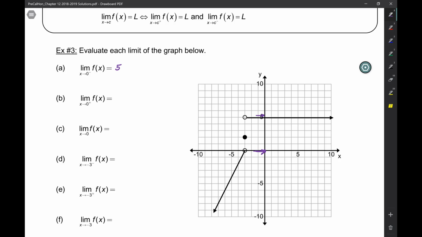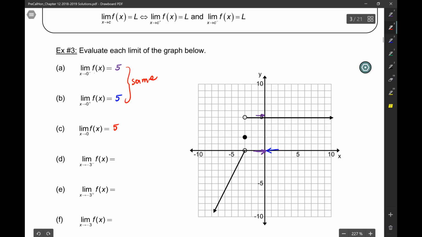Now, as I approach 0 from the right-hand side, what y value is the graph approaching? And it's also 5. Now, this one's asking you the limit as x approaches 0. Because 0 from the minus side and 0 from the plus side are the same, we say this also approaches 5.